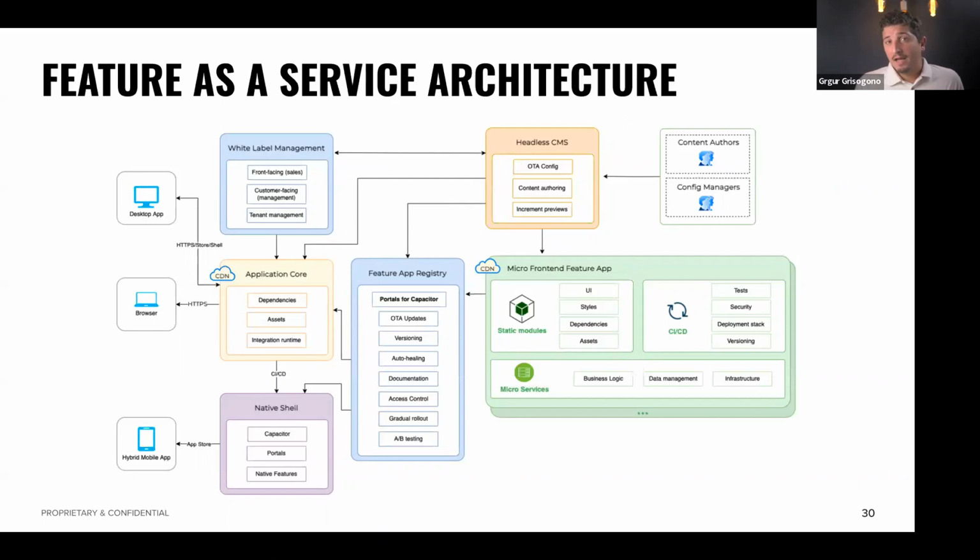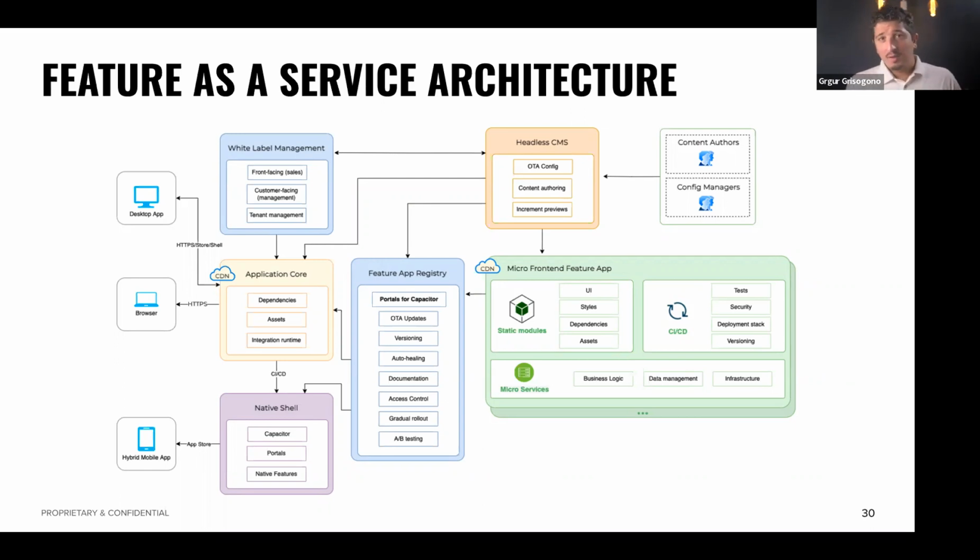So now that we talked about these, say, simple examples, this is something that I find far more exciting and powerful. This is actually a simplified version of an existing system we put together. We call this kind of architecture feature as a service. I think you're going to get why as I explain it.